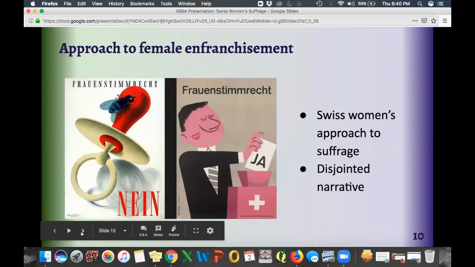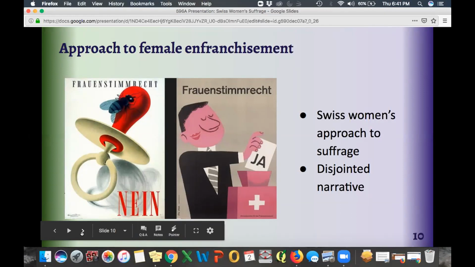Another factor that potentially impeded the speed of women's suffrage in comparison to nearby European countries is the manner in which Swiss women went about fighting for equality. Unlike the loud, insistent, and sometimes even violent women's suffrage protests that many of us are familiar with, coming from maybe the US or the UK, the approach of Swiss women was notably quieter, never violent, and for many years it was carried out almost entirely through academic articles and silent protests.